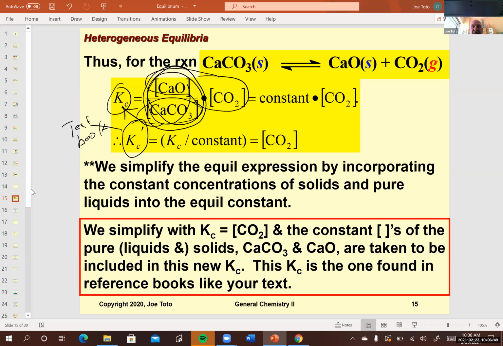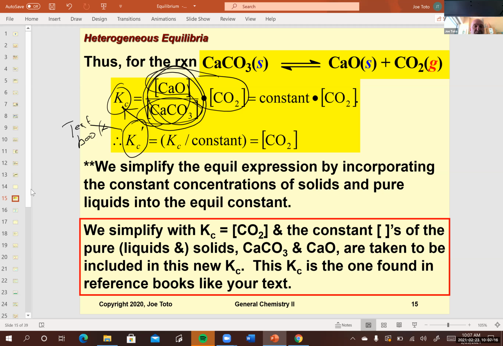I think I mentioned that this is also true for aqueous types of reactions. So if you have a solvent that's in the majority, then during a reaction, it might be consumed a little bit, or it might be produced a little bit. But for all intents and purposes, its concentration is pretty much the same.